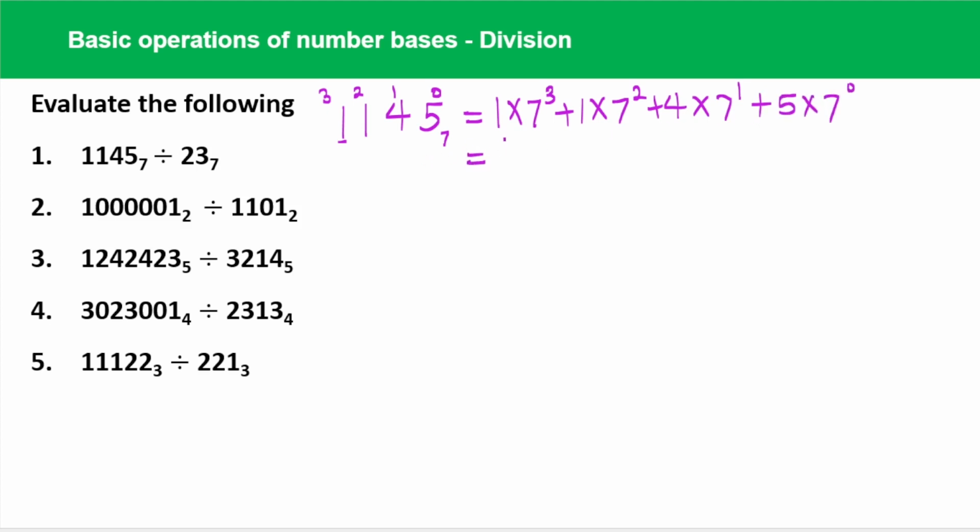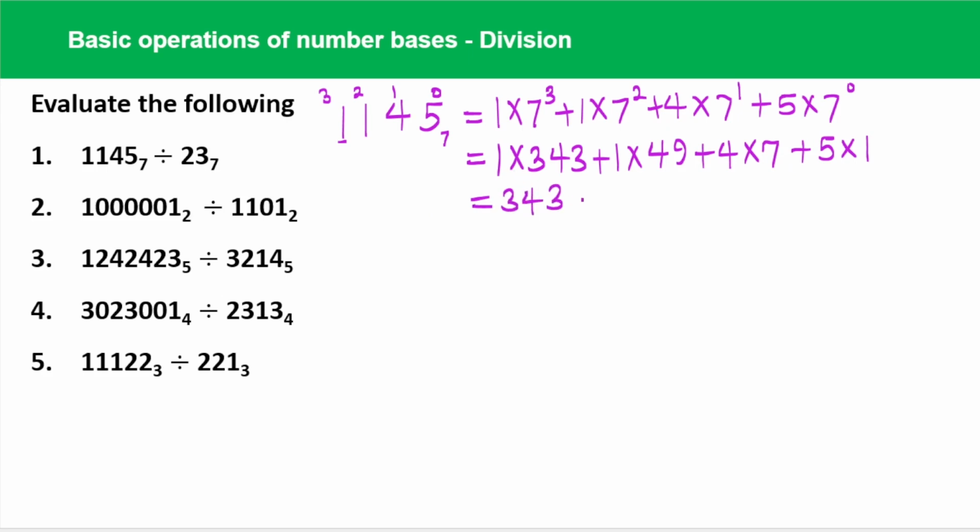The next step will be to simplify further. 7 to the power of 3 is 343. 7 to the power of 2 means 7 times 7, which is 49. 7 to the power of 1 is the same as 7. 7 to the power of 0 is the same as 1. 1 times 343 will give us 343, plus 1 times 49 is 49, 4 times 7 is 28, and 5 times 1 gives us 5.